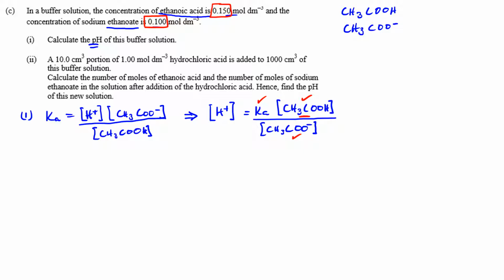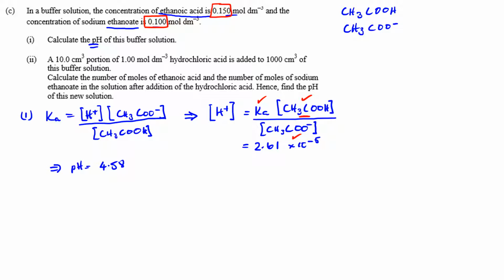So we're given all three of those in the question, so we can substitute in those values, and that would give you a hydrogen ion concentration of 2.61 times 10 to the minus 5 moles per dm cubed, and then it's a straightforward use of that hydrogen ion concentration to get the pH of 4.58.